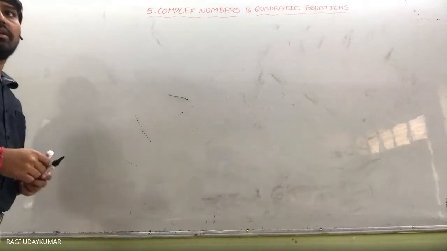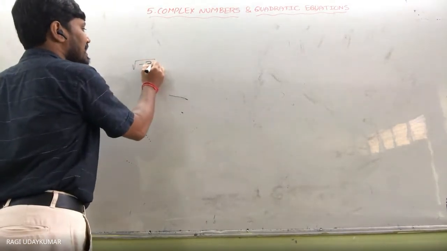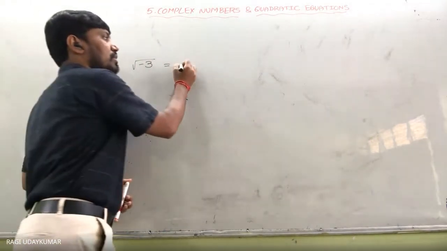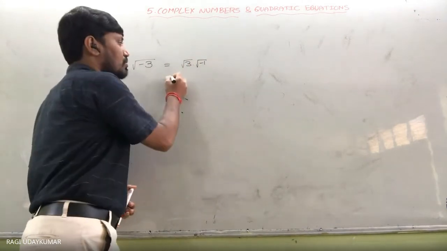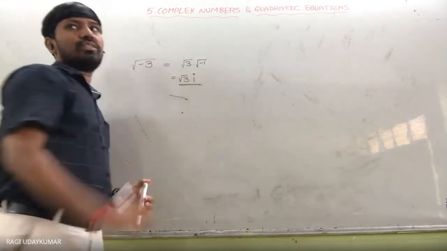Square root of any negative real number. Suppose you are taking the square root of minus 3. This will be written as square root of 3 into square root of minus 1, which is square root of 3 into i.